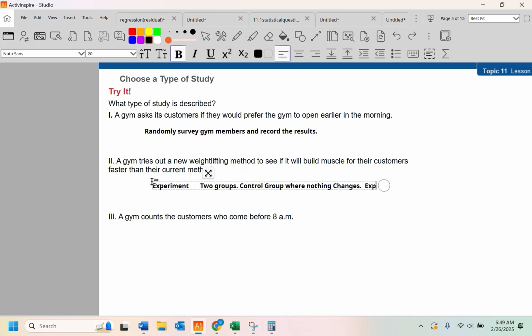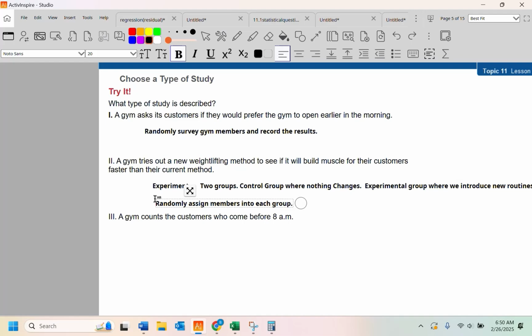And then we'll have the experimental group where we introduce the new routines. Now, we will randomly assign members into each group. That's the deal right there. You got to randomly assign people in each group.